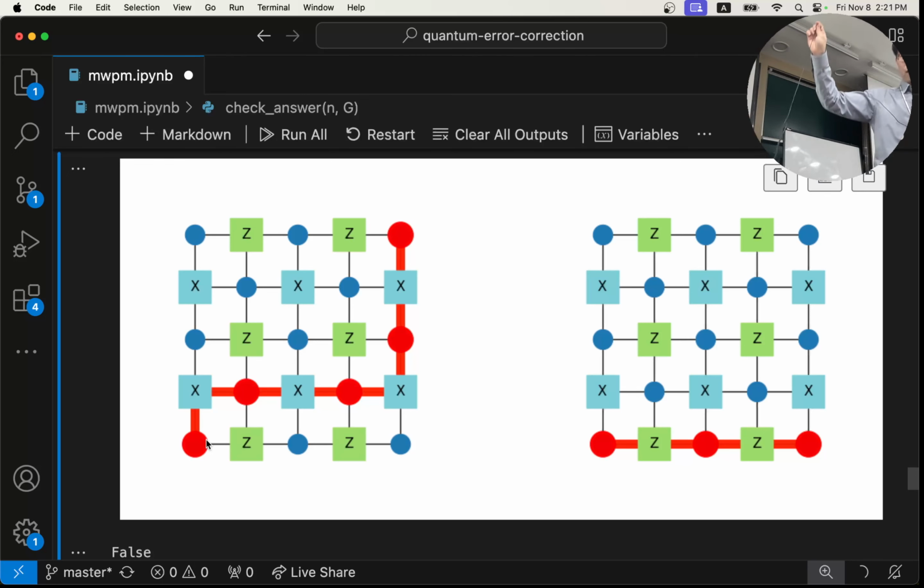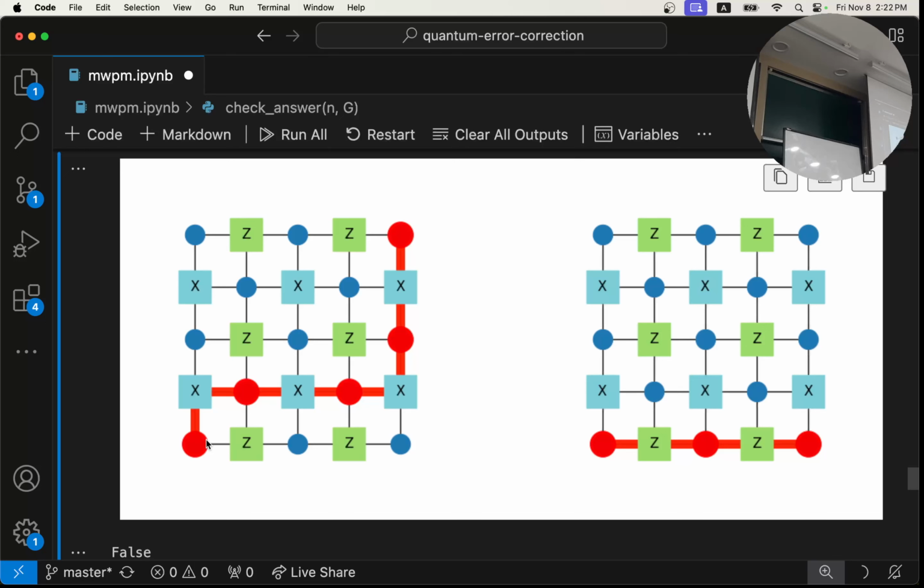Now the good part of doing this is we didn't fail. We actually corrected the error. Why? I'm going to discuss this again next time and give the reason. Because we have a chain of errors going from one boundary to the other, nothing is changed, right?